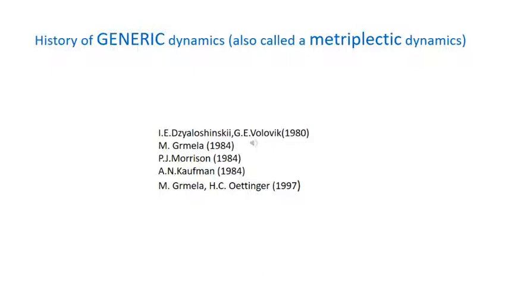Now, putting together the Hamiltonian and gradient in some abstract way was first made in 1980 in the work of Dzyaloshinskii and Volovick. And then in 1983, 1984, independently by Phil Morrison, Alan Kaufman, and myself.